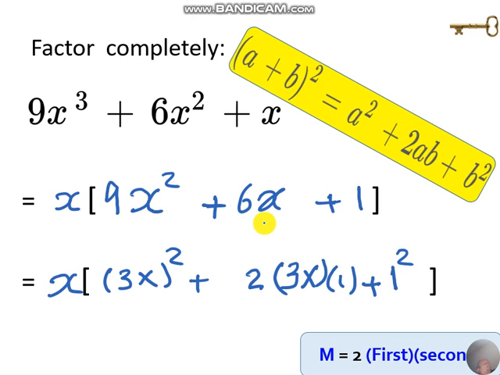Yes, it gives me 6x. Means I can write this as a perfect square trinomial. x under x. Because the middle term is positive, I write positive here. The first one is 3x. The second one is 1.